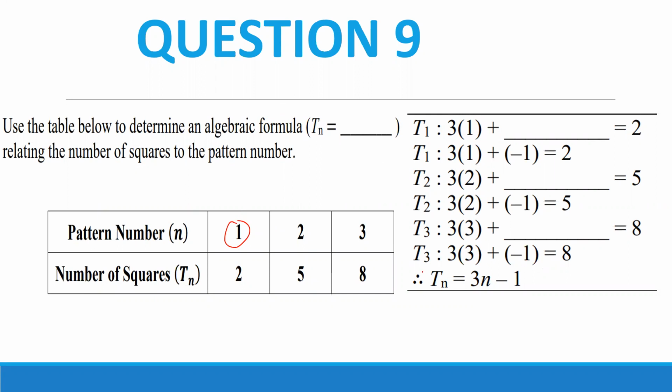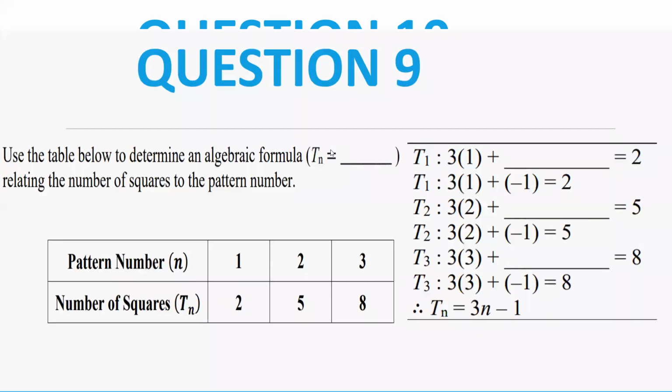So our answer is Tn equals 3n minus 1. For this kind of question, please try using 2n, 3n, and if it doesn't work, 4n. If 3n minus 1 doesn't work, try 3n minus 2 or 3n plus 1. Just try like that, and then you will get your answer.